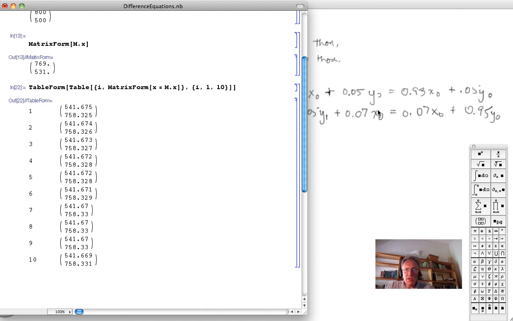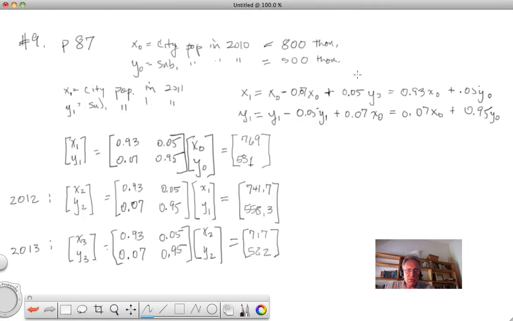In the spirit of a sequence of numbers, you might even write it this way: the population vector x_n, y_n, as n goes to infinity, seems to be getting closer and closer to about 541.7 and 758.3.